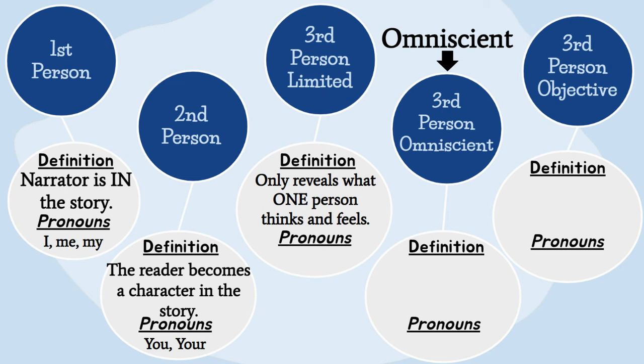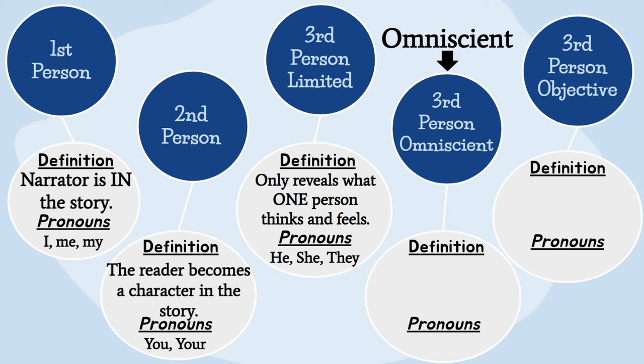Instead of saying, I'm walking in the room, it says Harry walks into the room. So you see pronouns like he or she or they. It's going to say he walks in there, or she said this, or they decided to go on this adventure. But again, third person limited means you only know what one character is thinking or feeling.